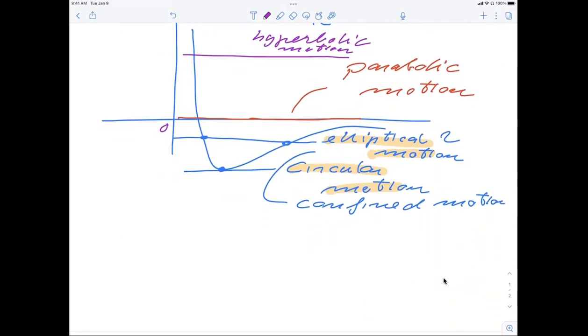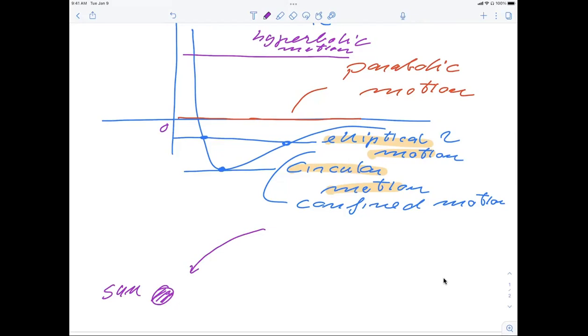So suppose we have the sun here. So this is your sun. And then the hyperbolic motion is an object which comes in. It feels an attraction due to the sun, but then it has enough energy to escape from the sun.